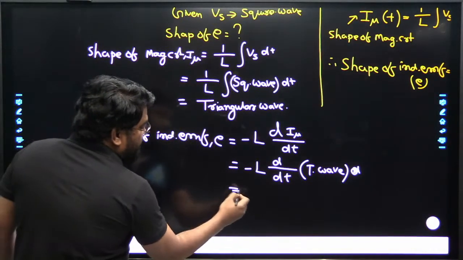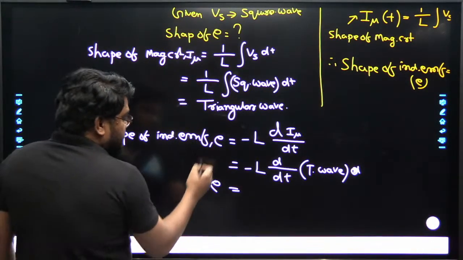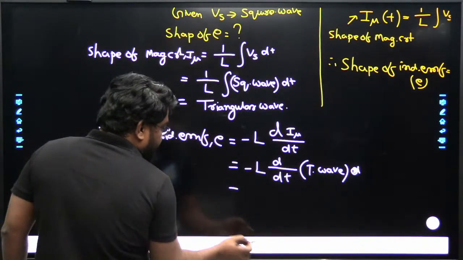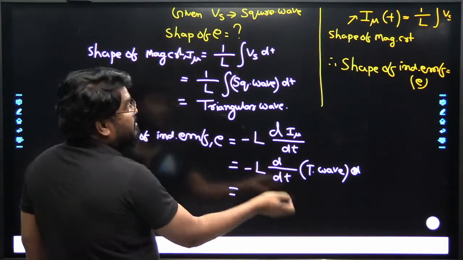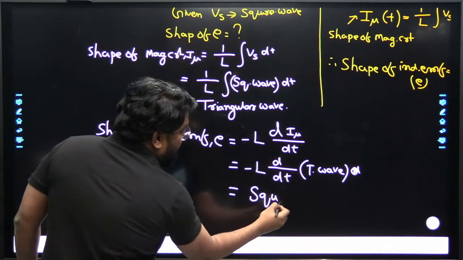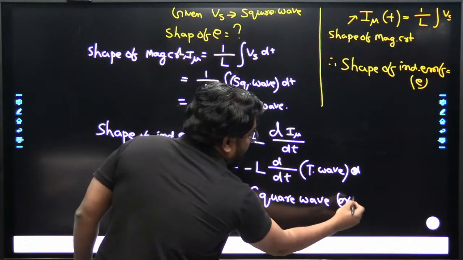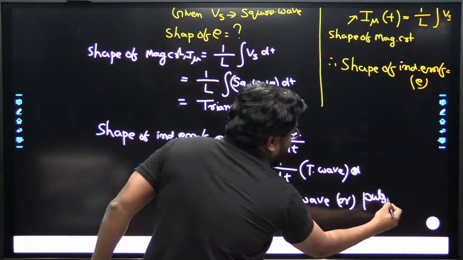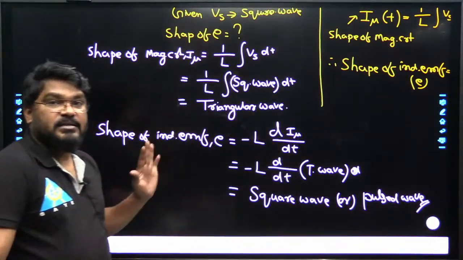Integration and then differentiation again gives only the square wave. It is also sometimes called a pulsed wave. So the pulsed wave option given is also correct.